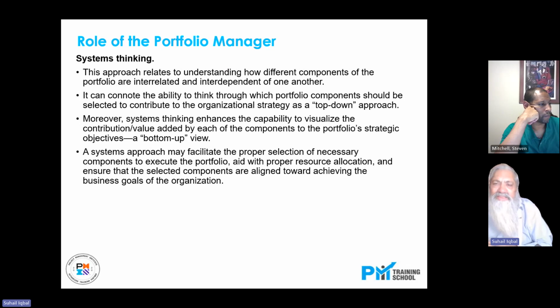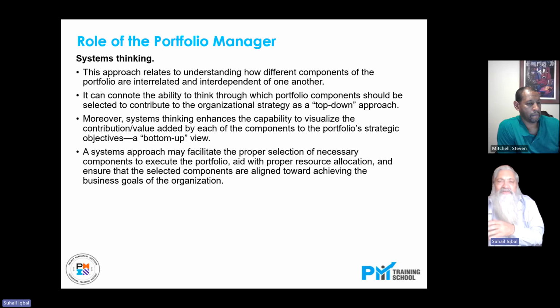It can connote the ability to think through which portfolio components should be selected to contribute to the organization strategy as a top-down approach. Now, if each group is making a decision on its own, then probably there will be many decisions, but there will be no consensus, right? There is a very related concept in the same book where system thinking was introduced: learning organization. A learning organization is just like artificial intelligence.